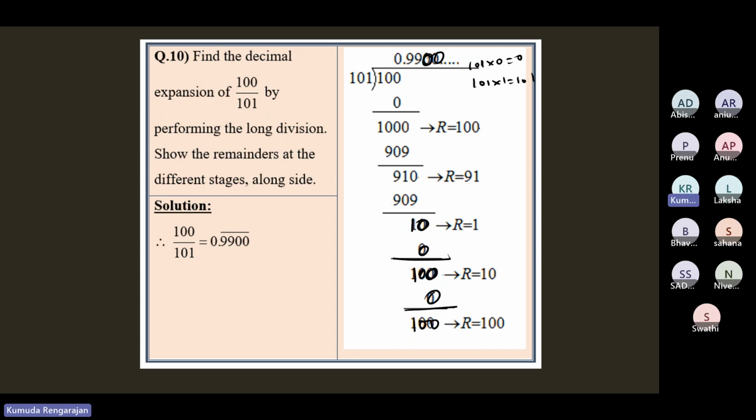See, the remainder is repeating. Here also we had 100 remainder. So again you'll add a 0 and it will repeat. Again 9s are 909. The same steps will repeat. If the remainder repeats, you can stop there.